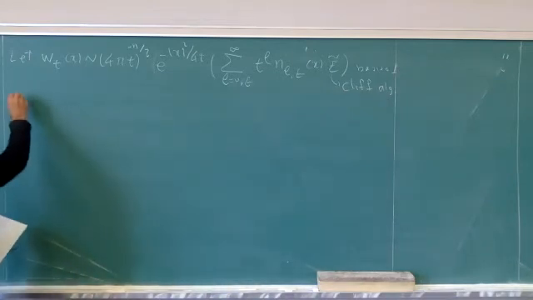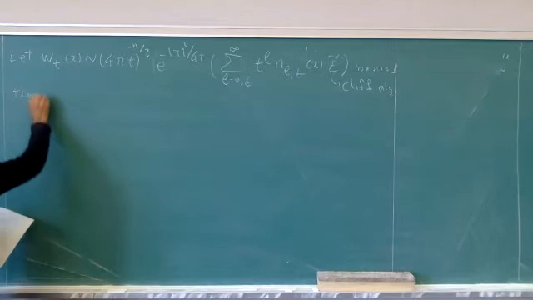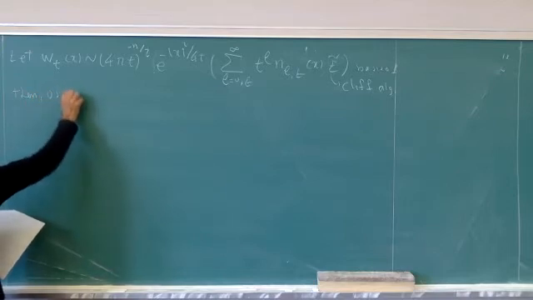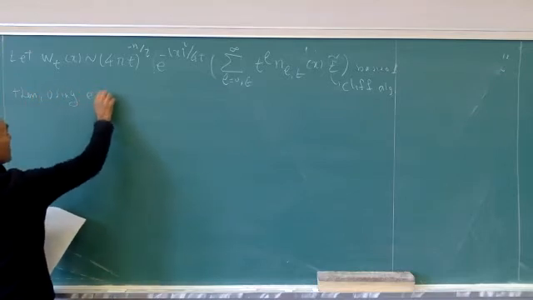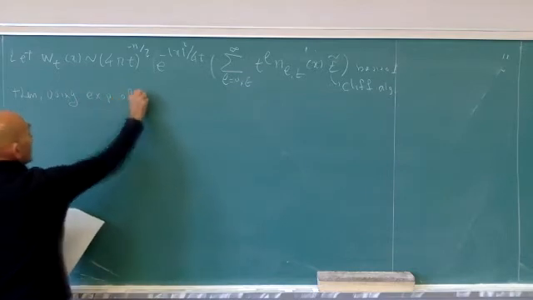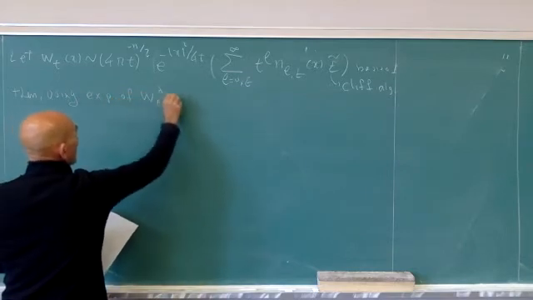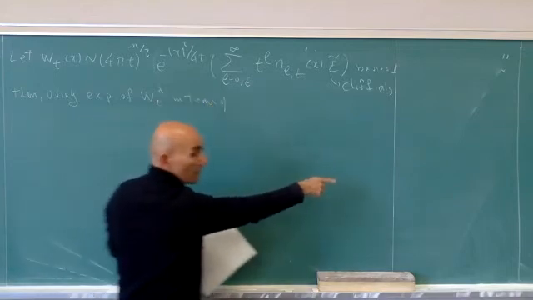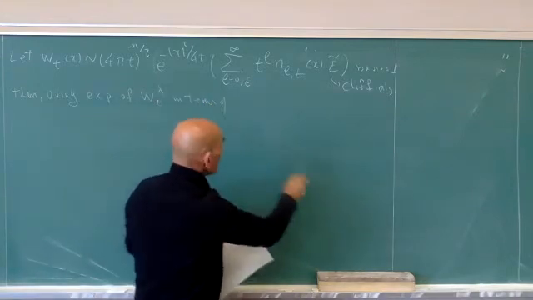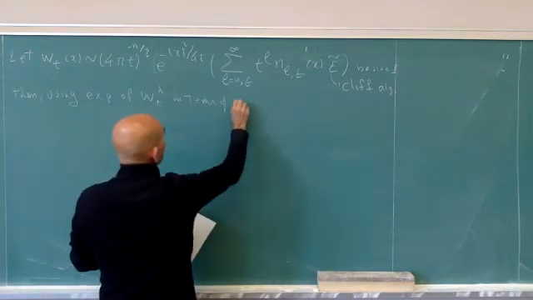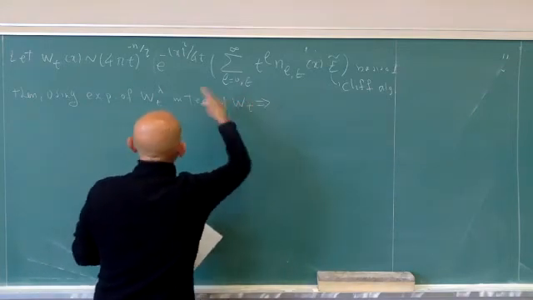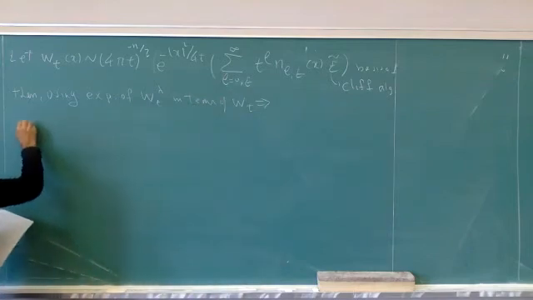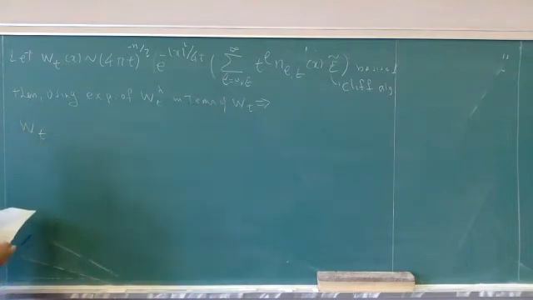Okay, then, using the expression of W_t lambda in terms of W_t that I had over there and just erased, you get the following formula for W_t lambda of x.